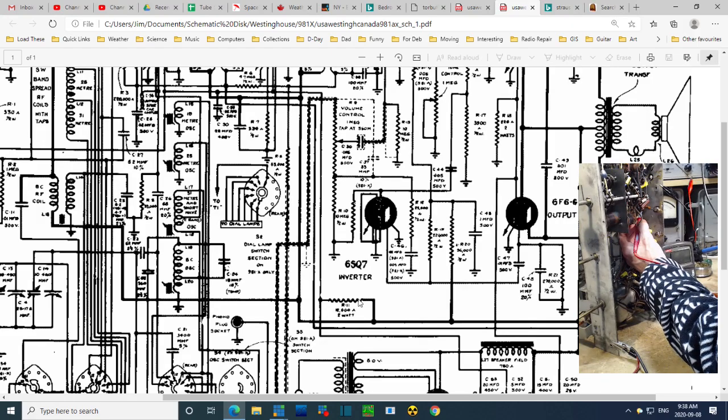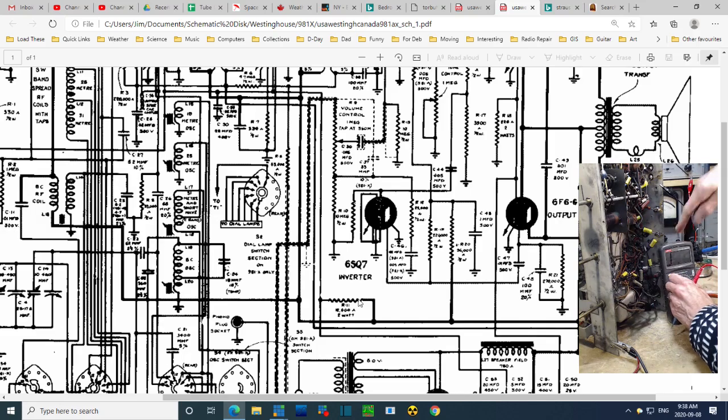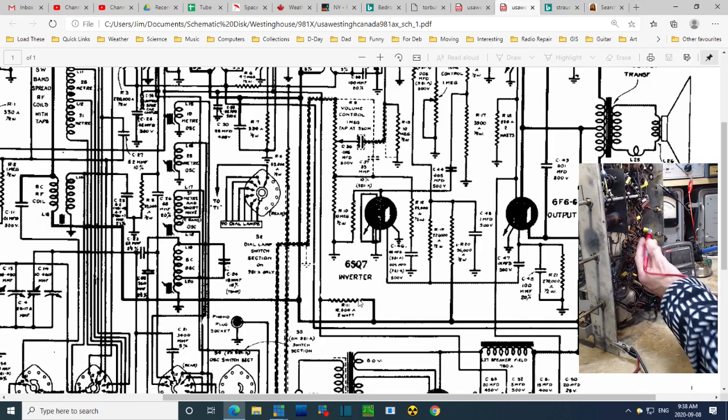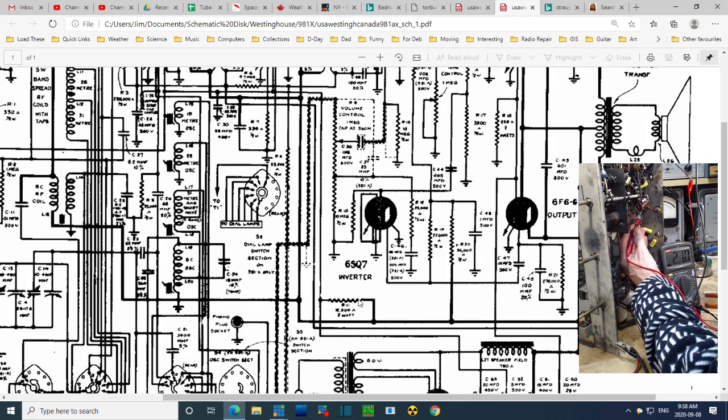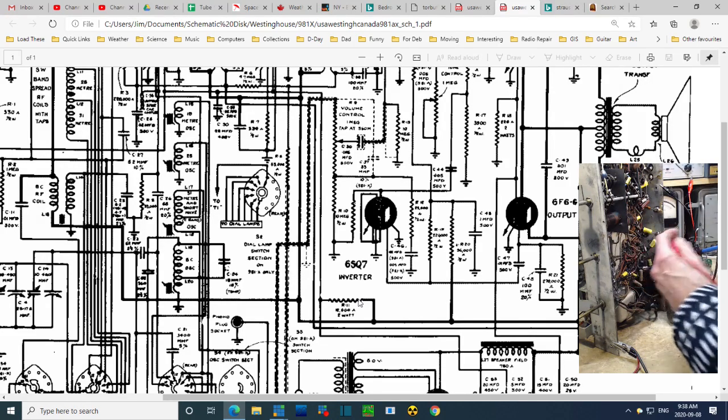This is definitely the right terminal. Getting over 20K. Is this really that resistor? So I'm at 21,000 ohms.